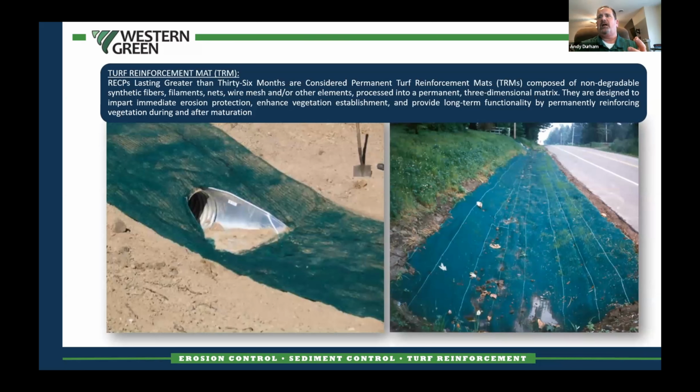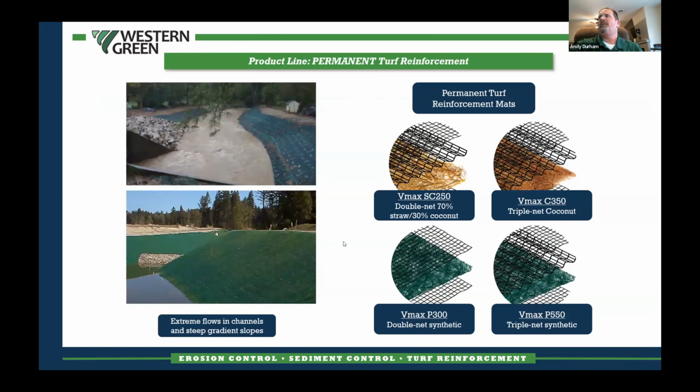So if you think about grass being concrete, then turf reinforcement mats would be the reinforcing steel to that concrete is a good analogy. But ideally, we'd want the grass to grow fully through these turf reinforcement mats, get full vegetation, add a lot of performance for erosion control, and maybe not even know that they're there over time. So that's the intention of a turf reinforcement mat.